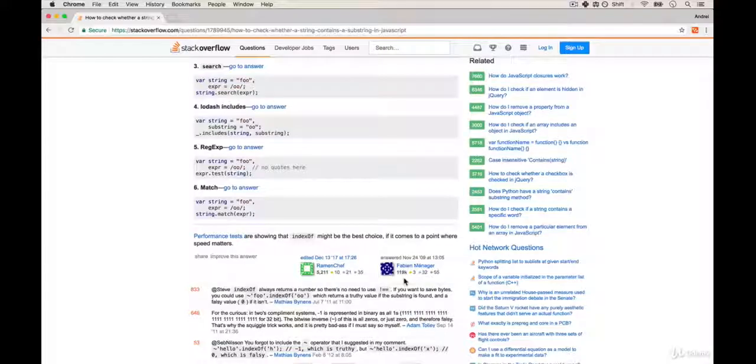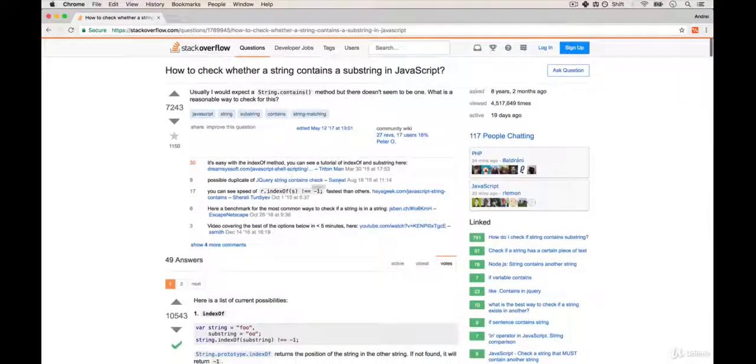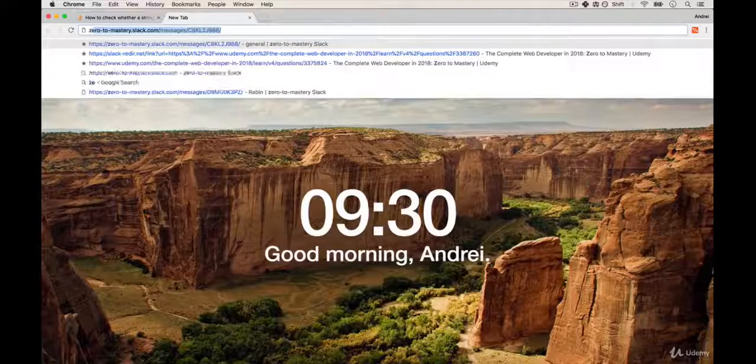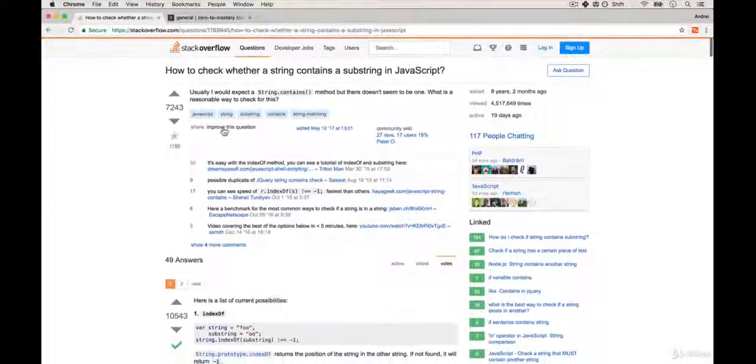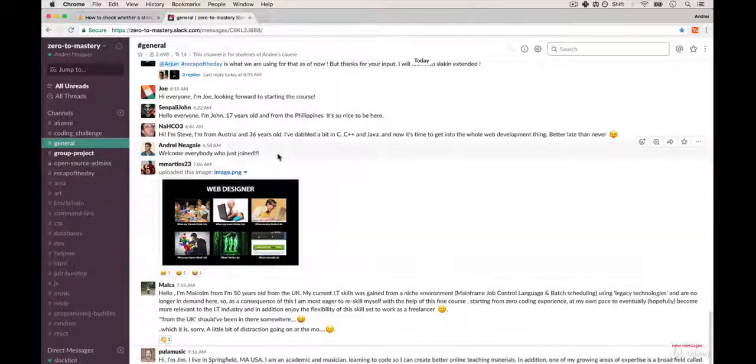If you don't find the answer there, you can create an account and ask yourself the question on Stack Overflow. But better yet, go to the Zero to Mastery Slack channel. And if your question wasn't answered on Stack Overflow, again, go to our community here, and you have a ton of channels that you can ask questions in.